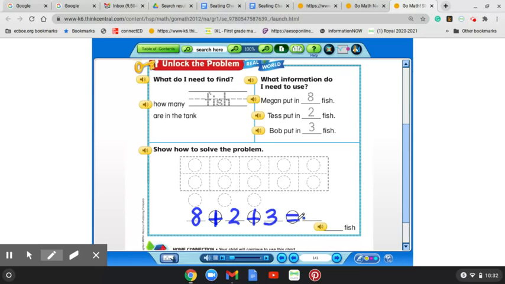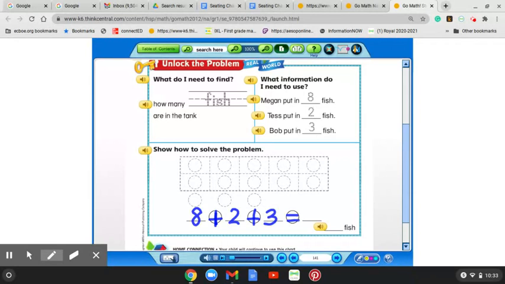Okay, and now we can look at our tin frame that is on our desk, the tin frame they have on the page for us, and we can add that up so that we can see what the sum of 8 plus 2 plus 3 is. Okay, so look at your 10 frame and let's count. When we have the 10 frame, we do not need to count.